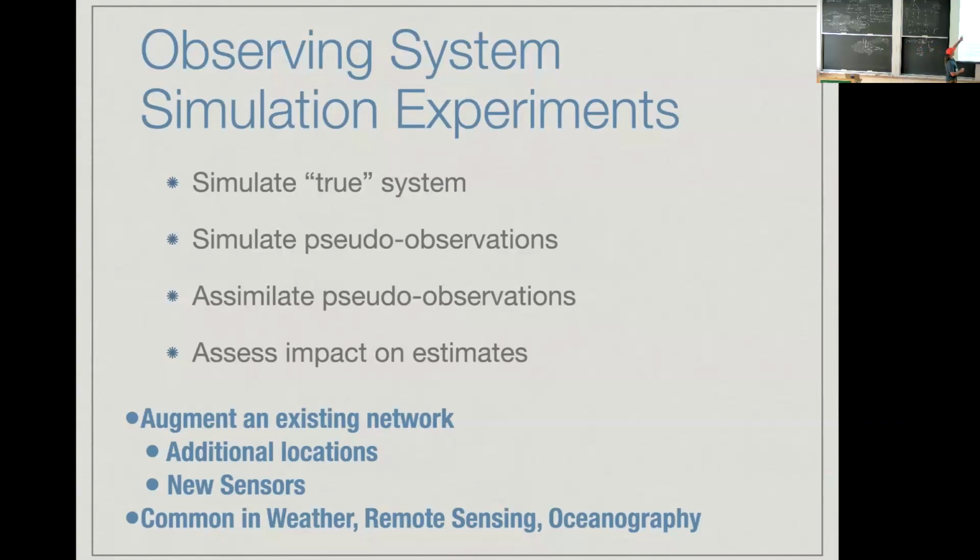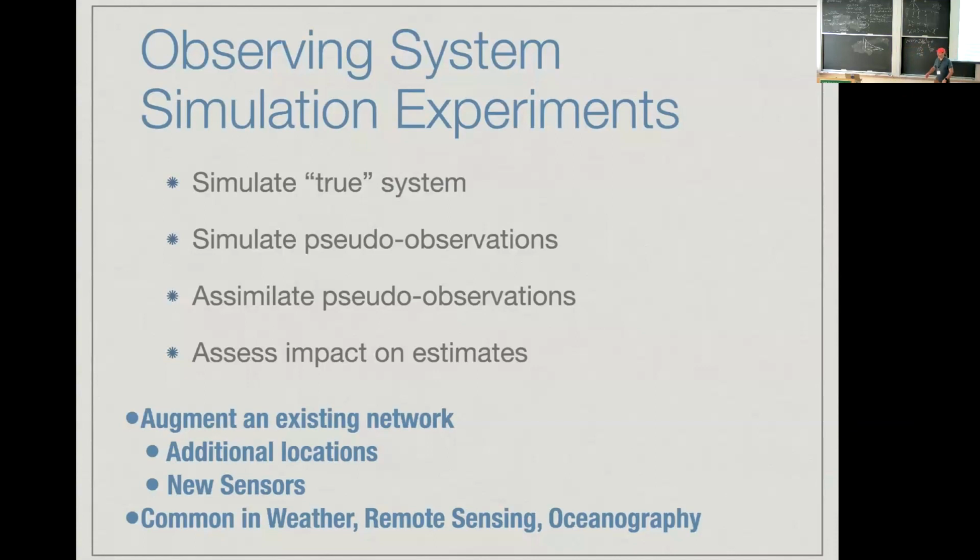You use your best process-based model of how the system works to simulate how you think the true system behaves. You then simulate pseudo-observations from that system, and then you assimilate those pseudo-observations and assess the impacts.